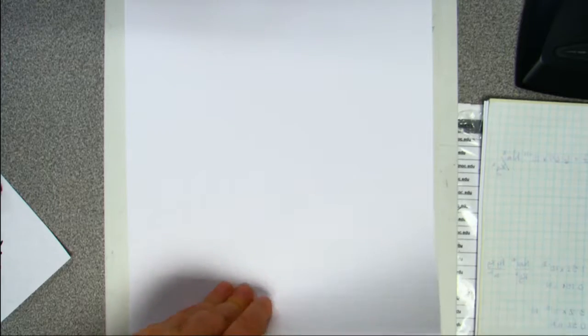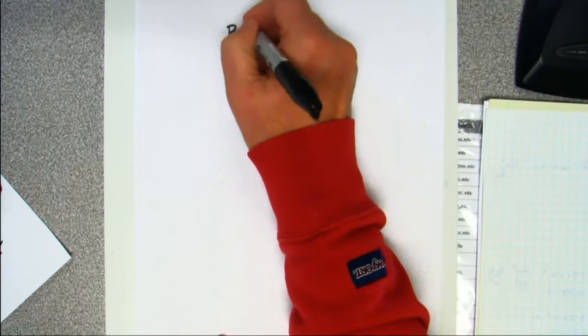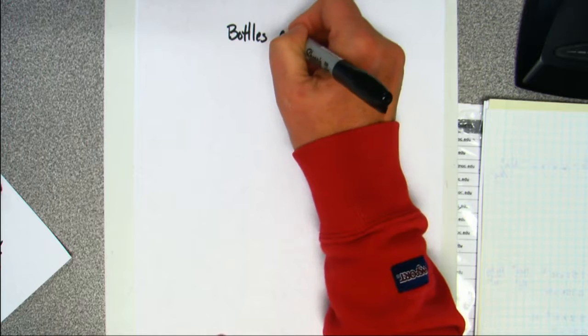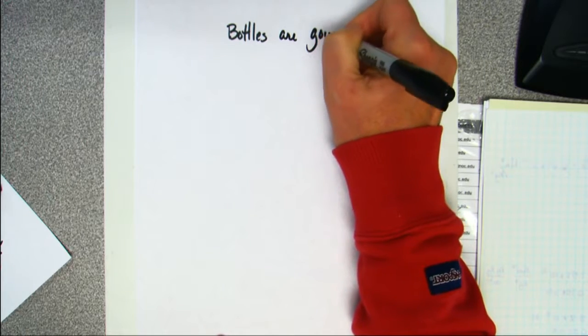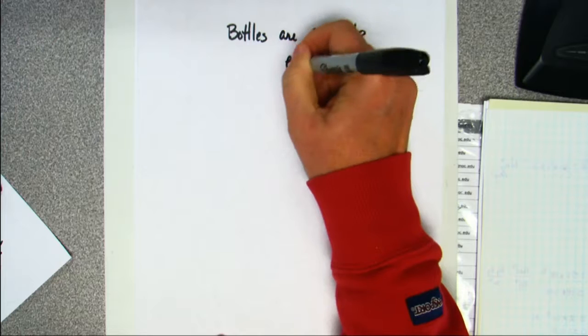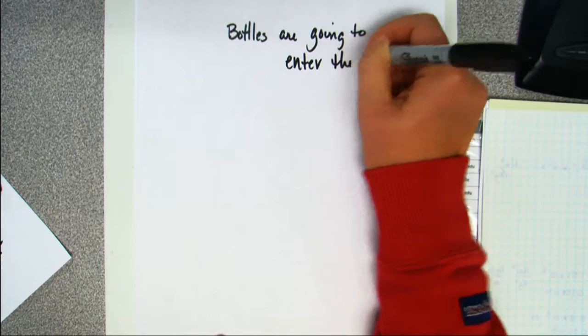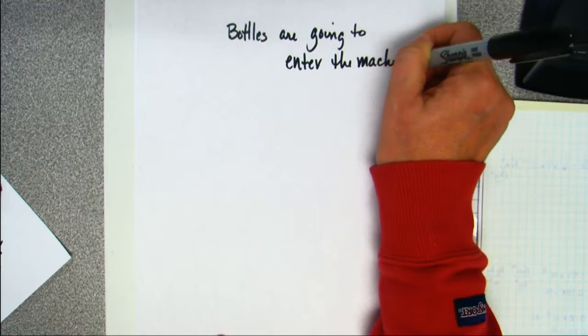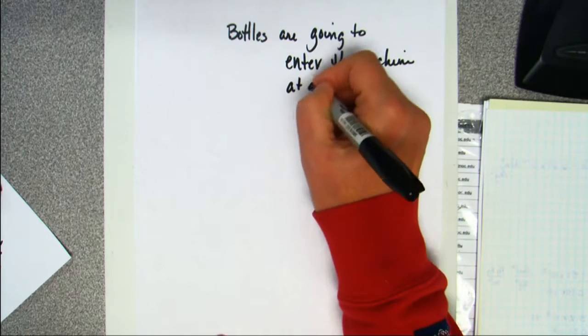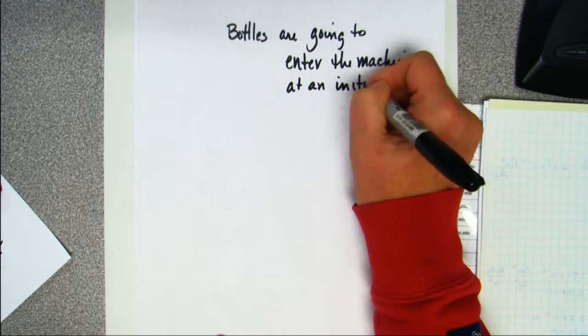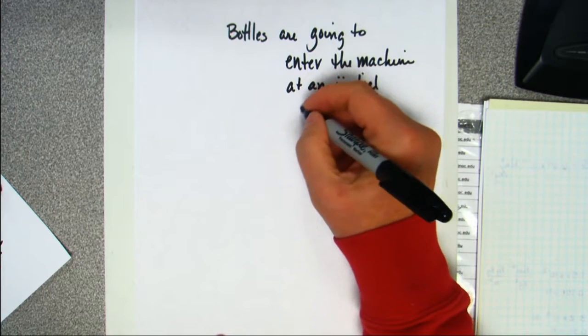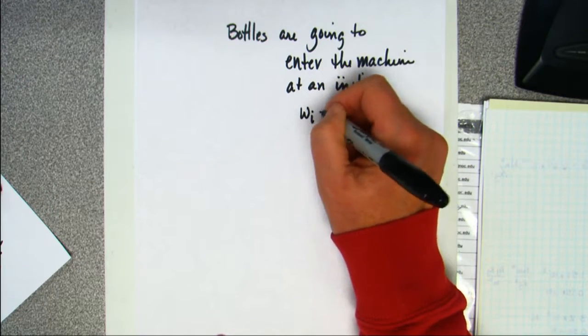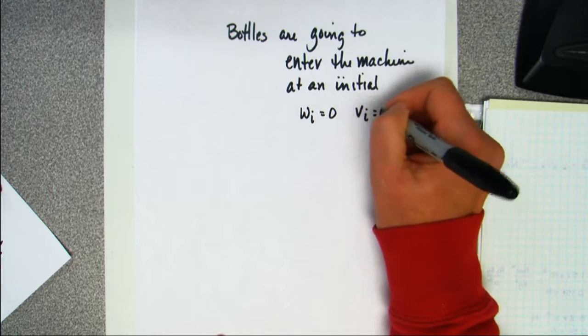Okay. So let's say you're working on the Coca-Cola bottling line. Bottles are going to enter the machine at an initial omega equals 0 and a velocity equals 0.